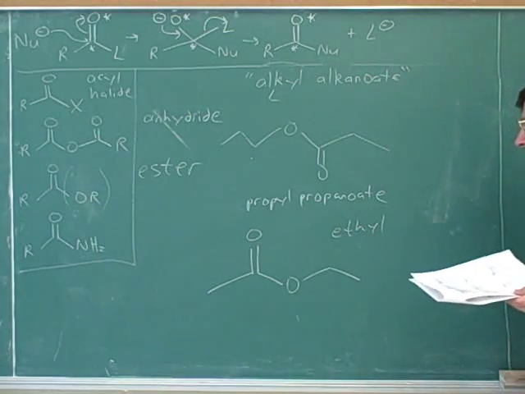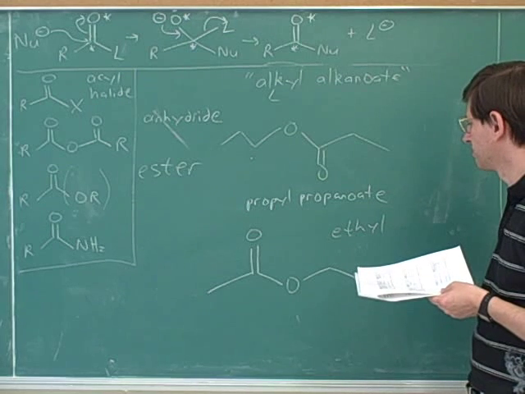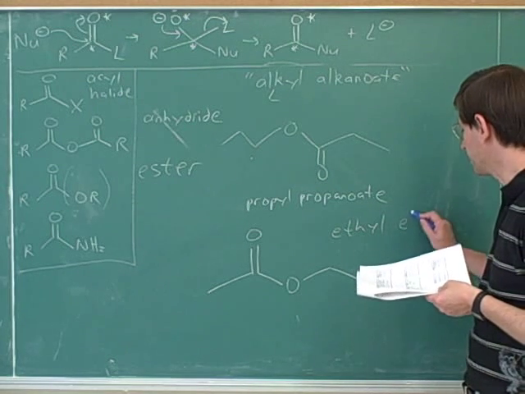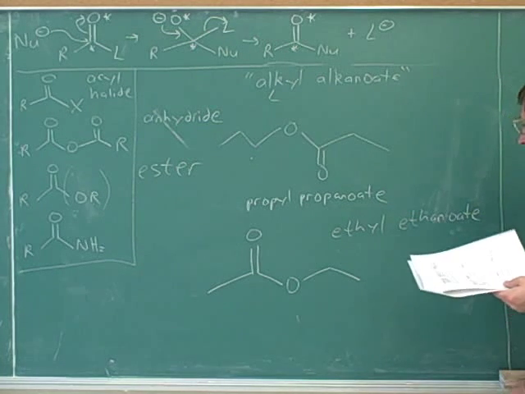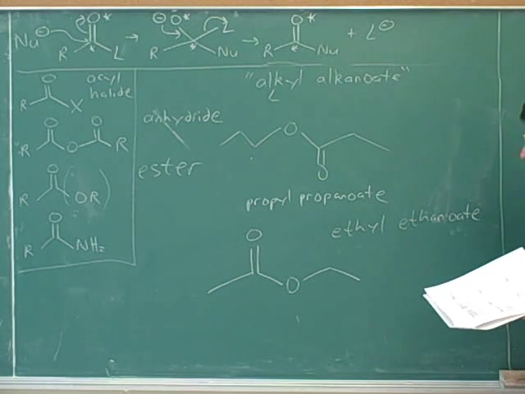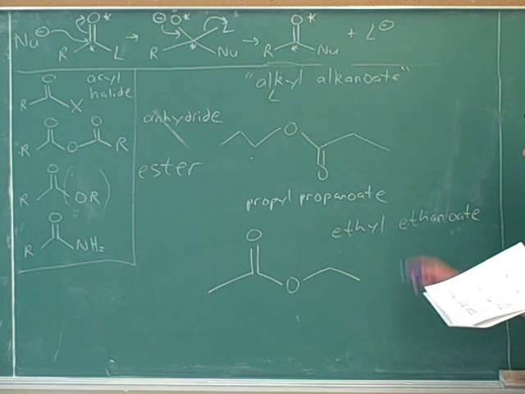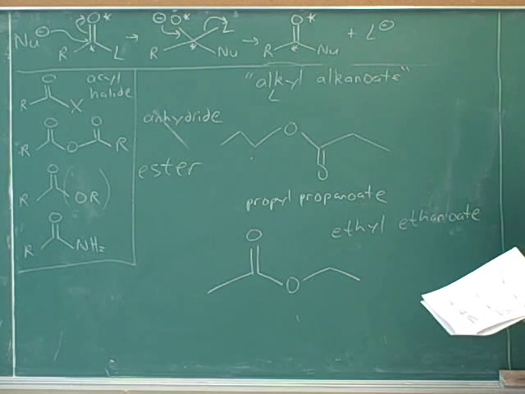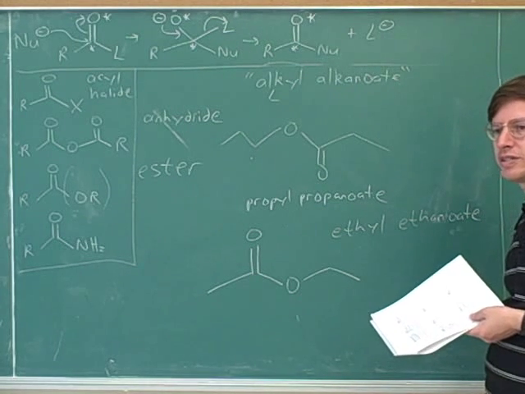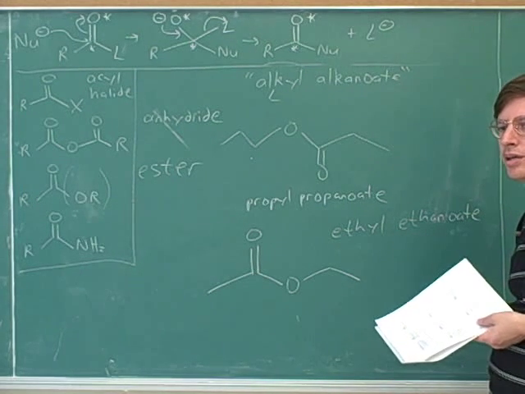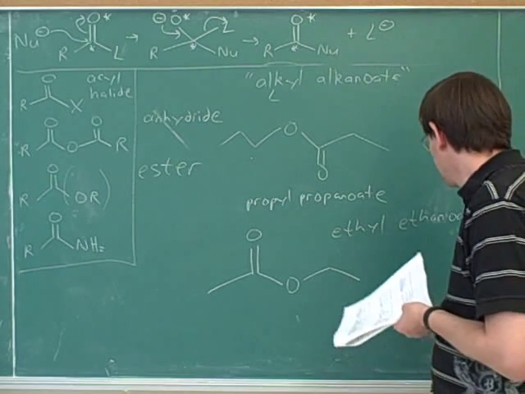What was the IUPAC name again? Ethanoate. Right. Ethanoate. Good. Again, there's two carbon chains on both sides. Okay. And you're right, we might try to name this in a common system. Well, what's the common root for two carbons? Acid.